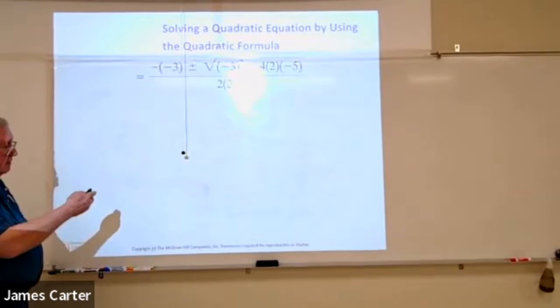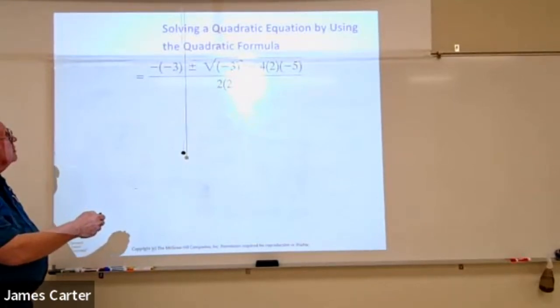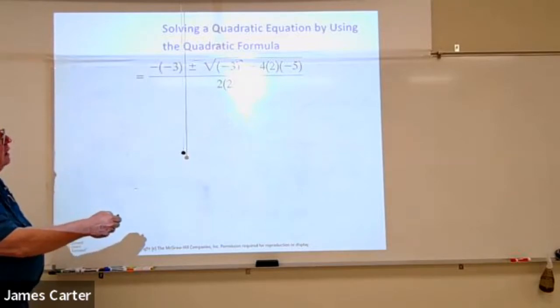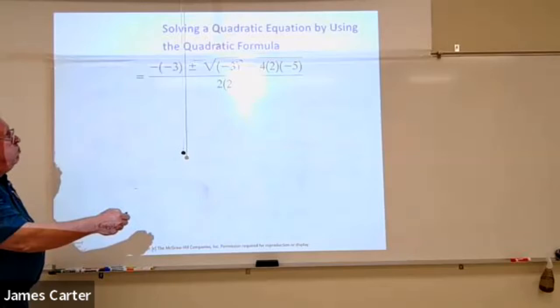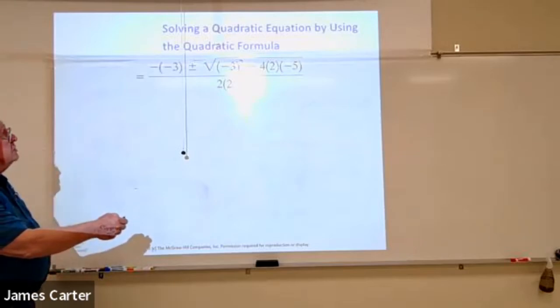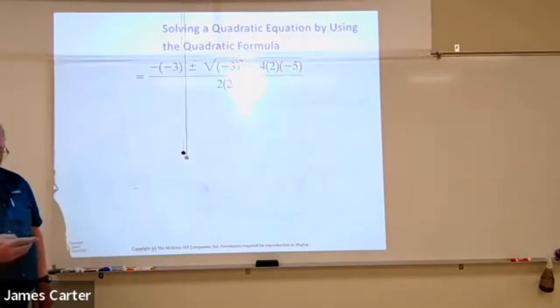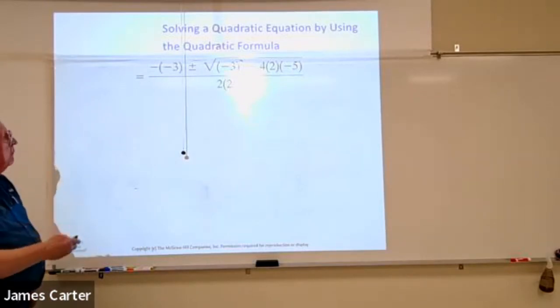Negative times negative is positive. I've got the plus or minus. Negative 3 squared is going to be positive 9. And here I've got negative 5 times 2 is 10, times 4 is 40, times a negative is positive 40, all over 4.